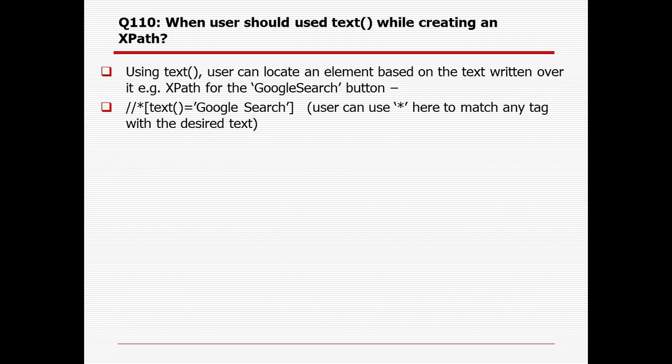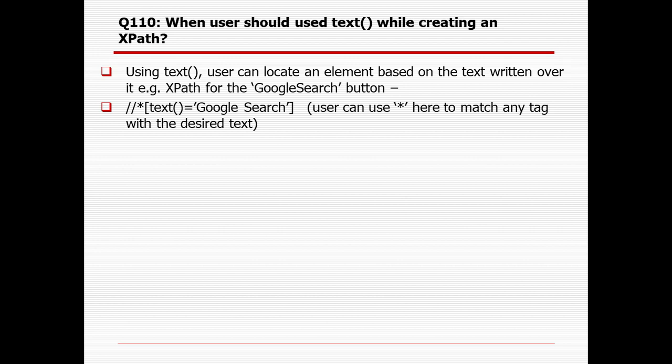When should a user use text while creating an XPath? Using text, a user can locate an element based on the text written over it. Example: the Google search button. Whenever you are logging into Google, there is a text box where you can type something, and there is a search button, Google search.